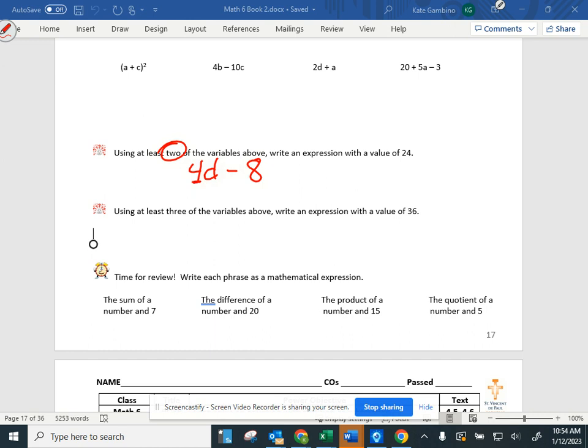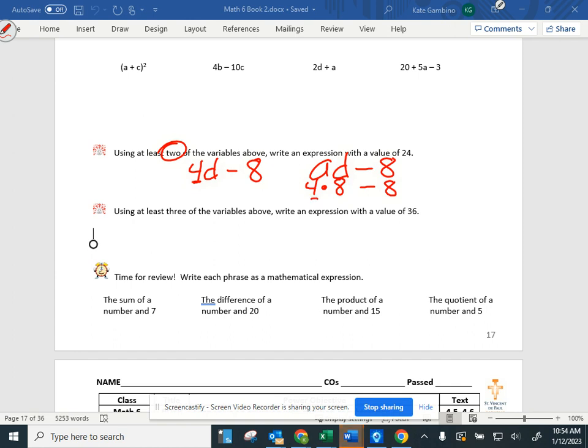What could I put instead of 4? What letter could I put instead of 4? No, what letter equals 4? A. So I could write it as A times D minus 8. So I have 4 times 8 minus 8.